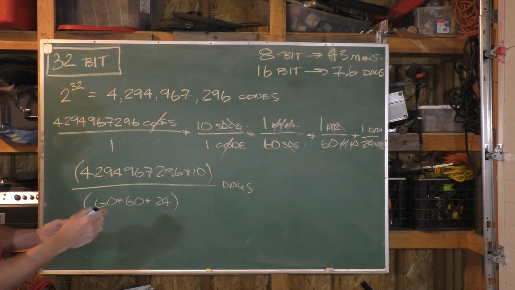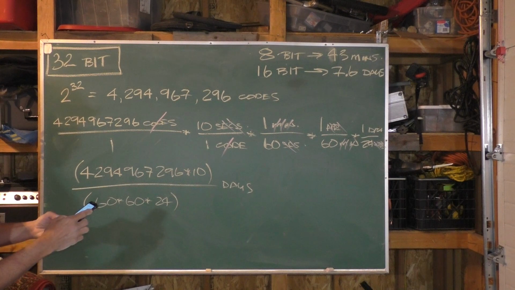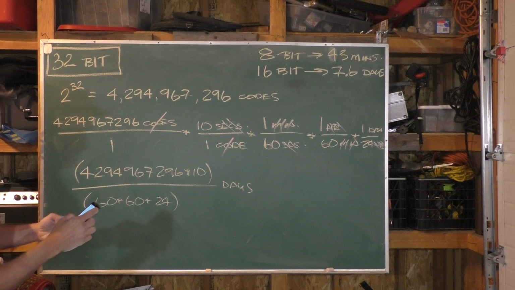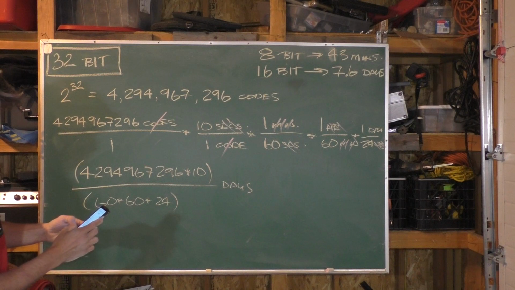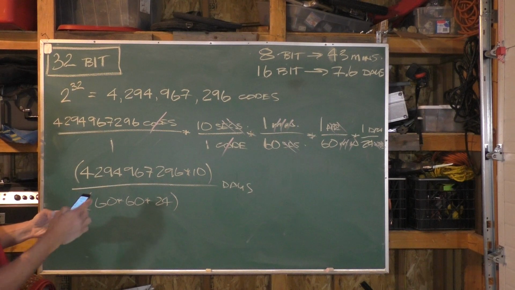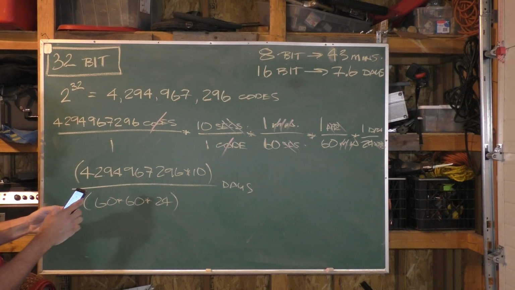All right, here we go, my friends. Here we go. Times 10. Divided by 60 times 60 times 24.